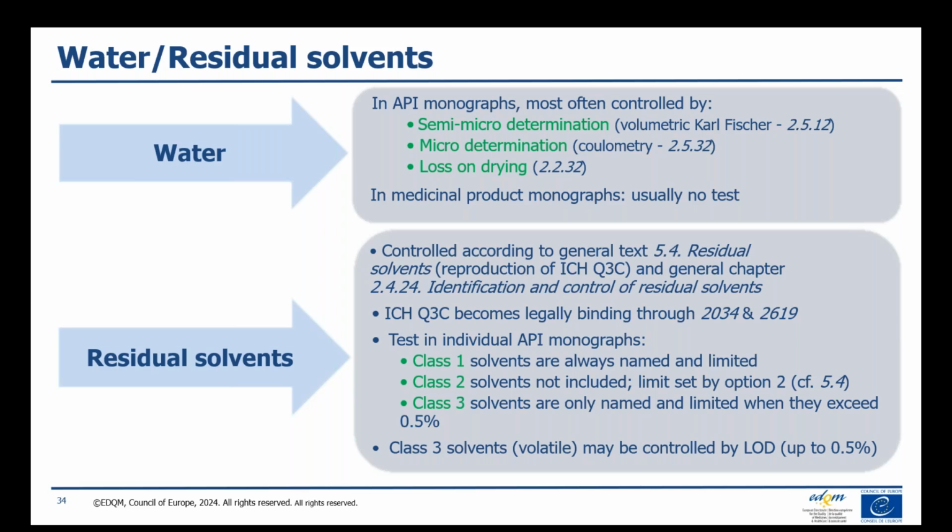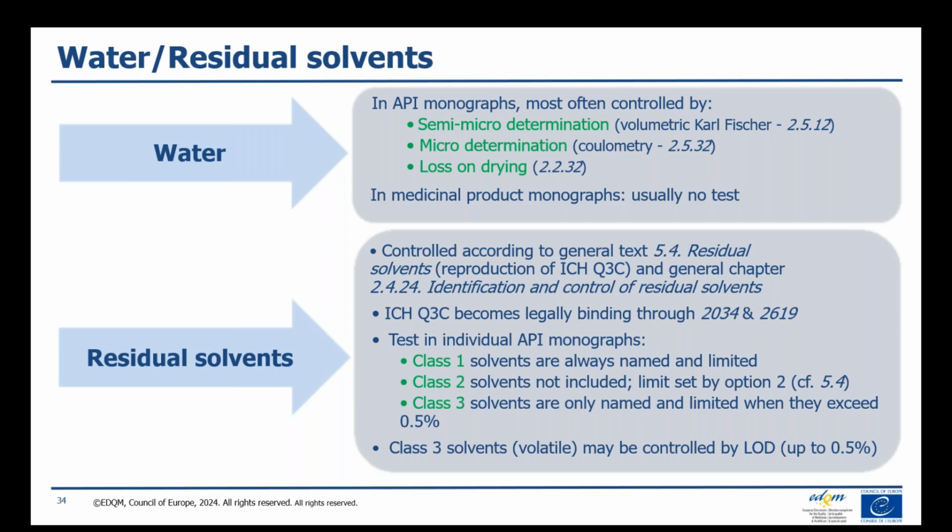So in the API monographs, we follow the following approach. For the class 1 solvents, there is always a test and a limit for such solvents. For the class 2 solvents, usually they are not included because they are limited by the option 2 of the general chapter.